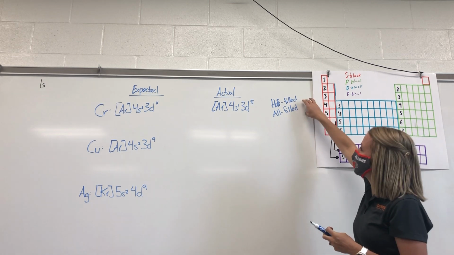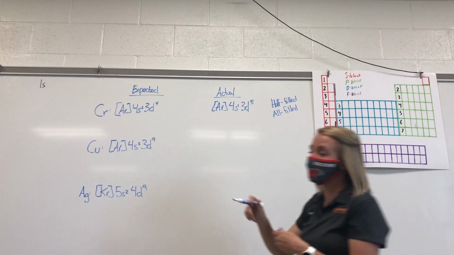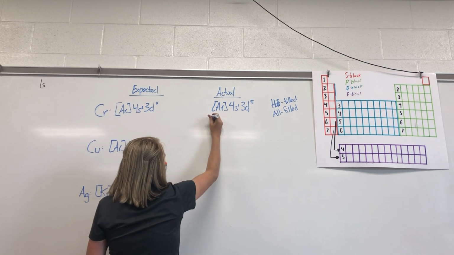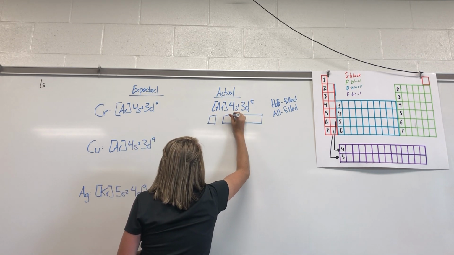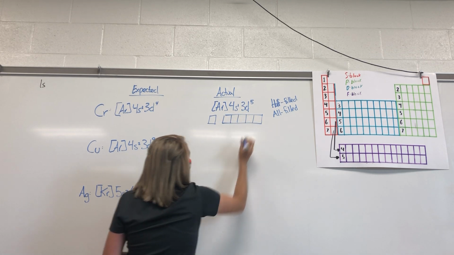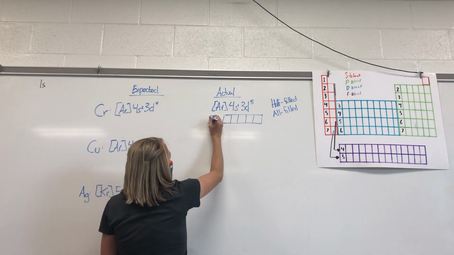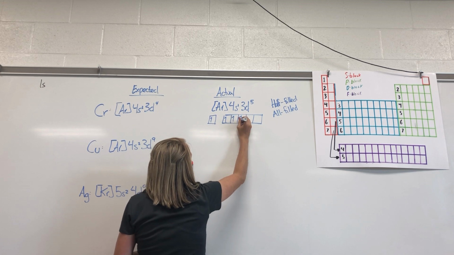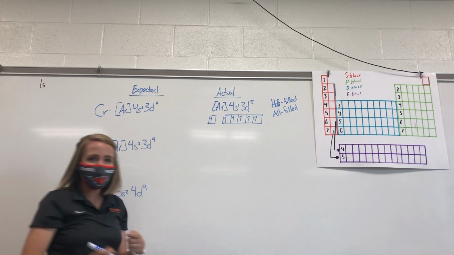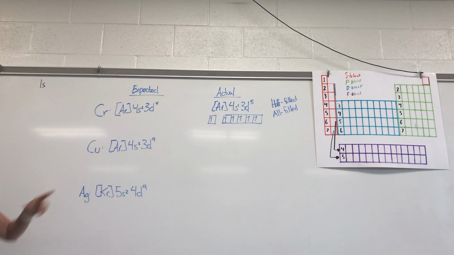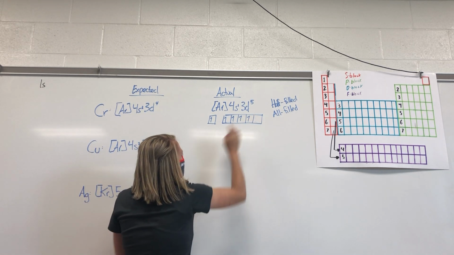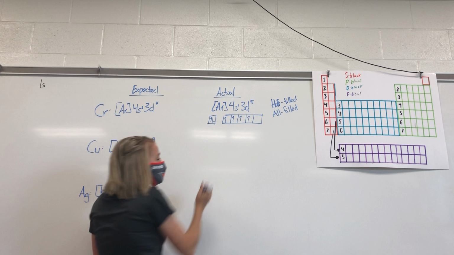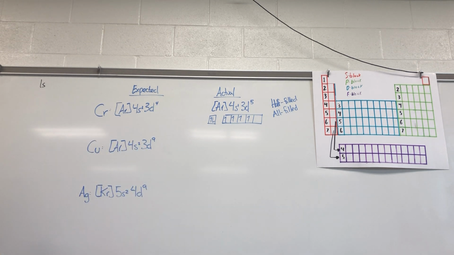Now, what we mean by this is think about the orbital diagrams that we drew last time. If I were to draw this out, this configuration results in something like that, while before, this one was like that.